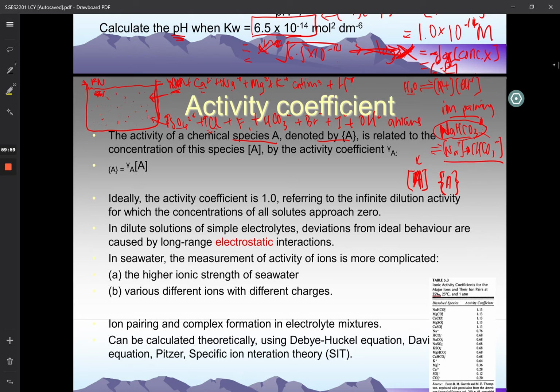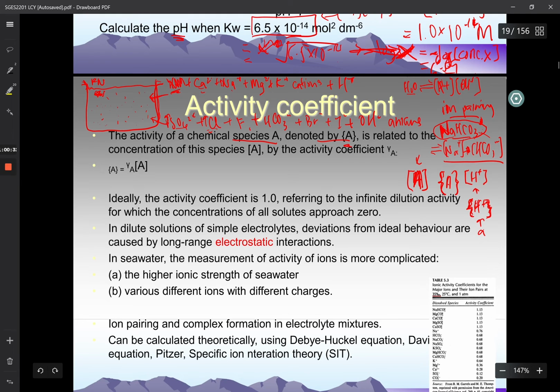So meaning that if I draw H like this, with the bracket here, then I'm talking about the concentration of the H. If I draw it with these small brackets, then I'm talking about the activity, right?